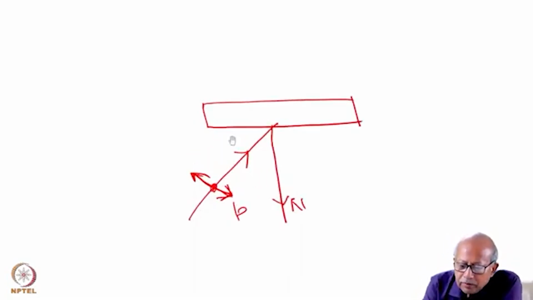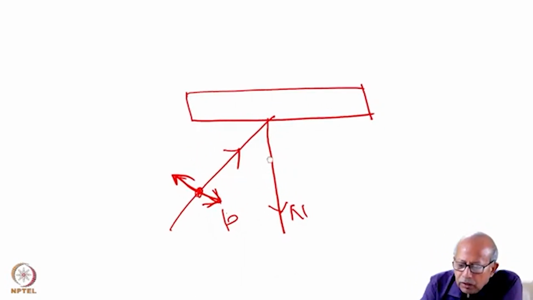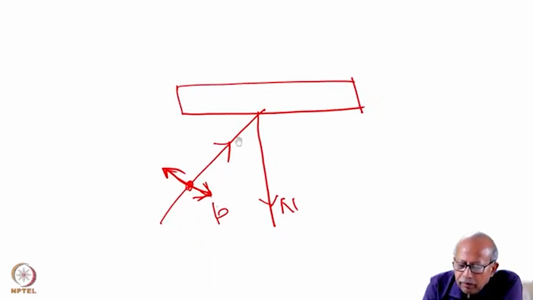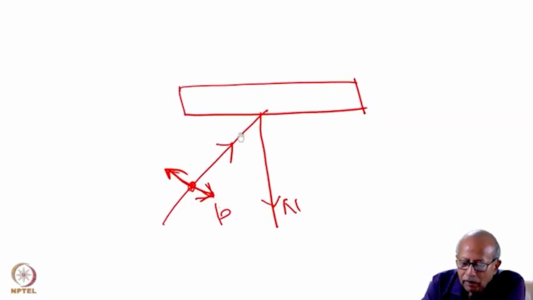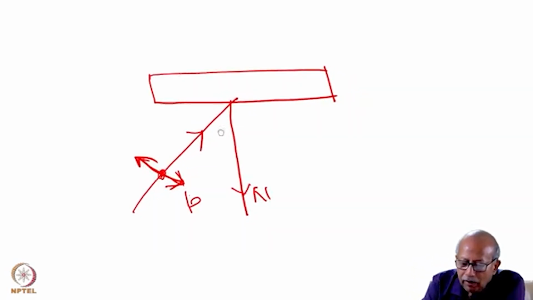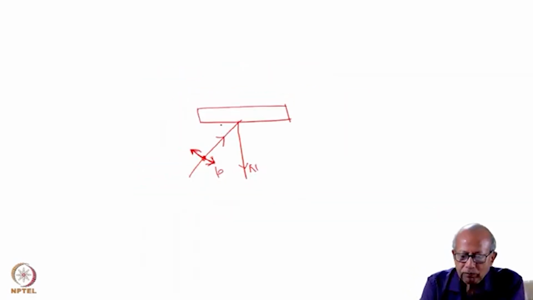So when the light falls at Brewster angle, suppose this angle is the Brewster angle, then the parallel polarization cannot be reflected.